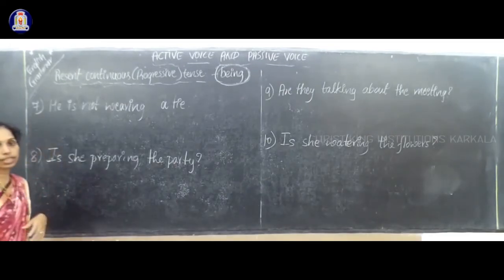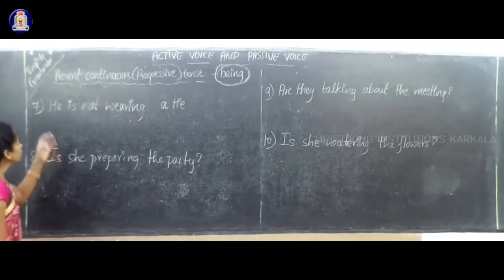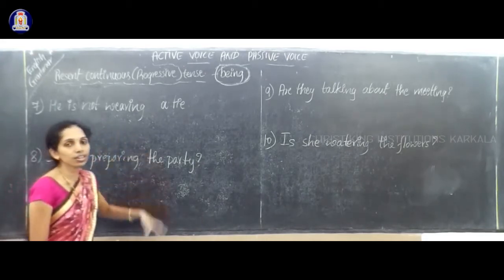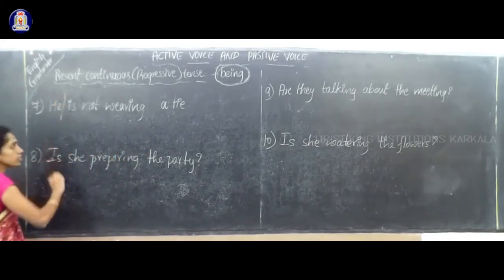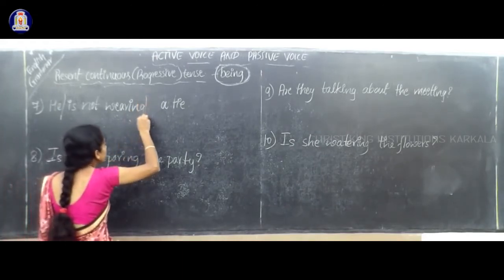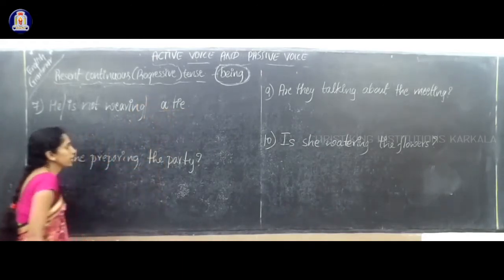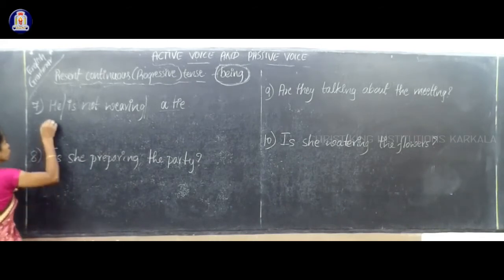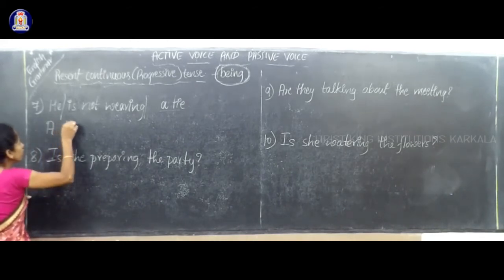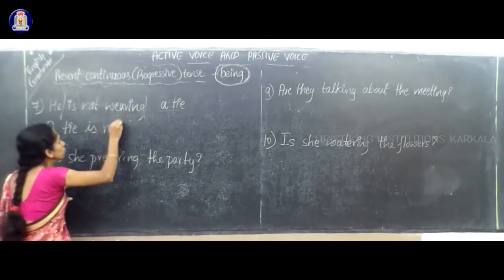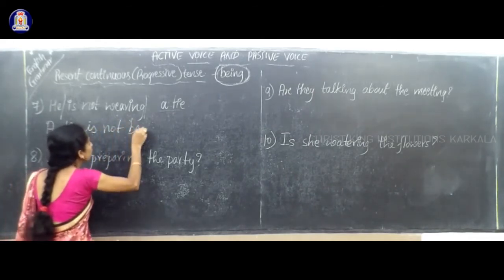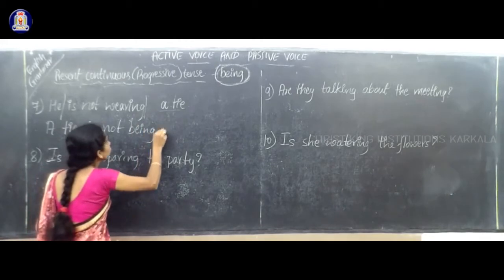Next, the 7th question. He is not wearing a tie. He is the subject, is not wearing is the verb, and a tie is the object. So how to write? A tie is not being worn.